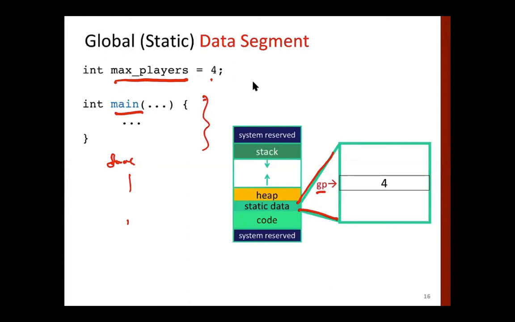This whole thing that we are seeing here does not necessarily have to be part of the memory all the time. Ideally, it should be part of the main memory.